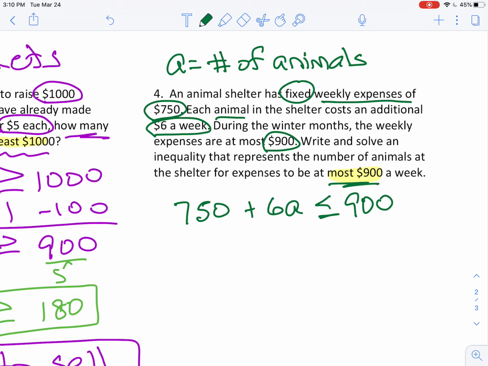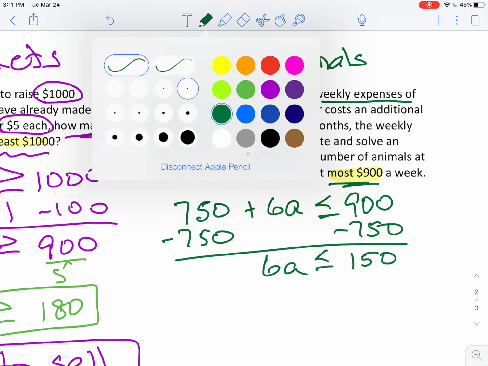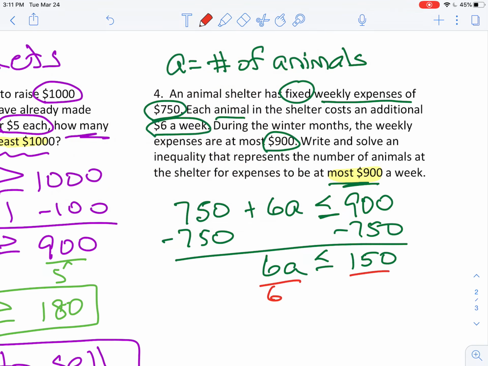Put in your inequality sign. At most 900 means that it's less than or equal to 900. Look at your inequality, make sure you have it right, solve it. You subtracted, inequality sign stays the same.